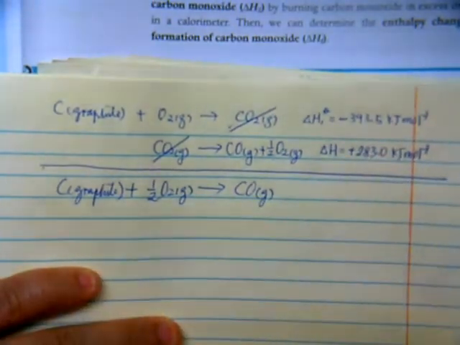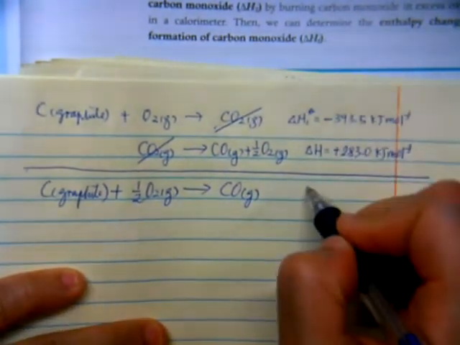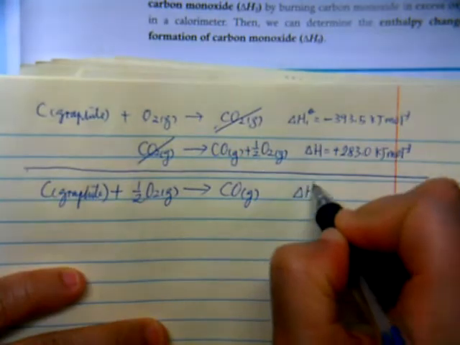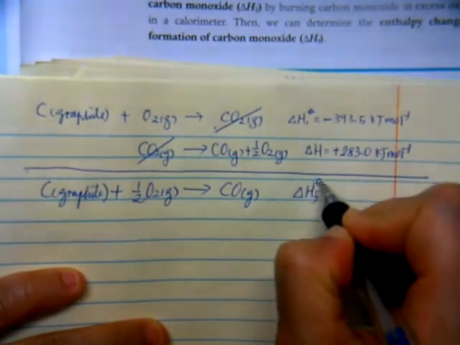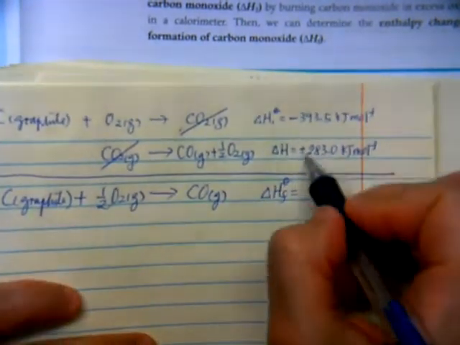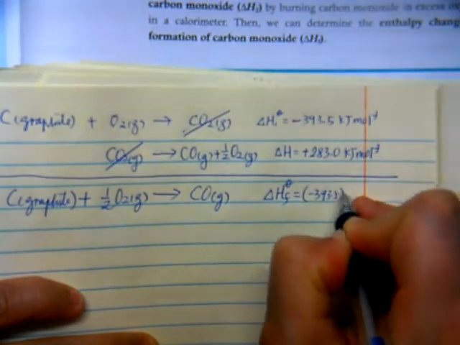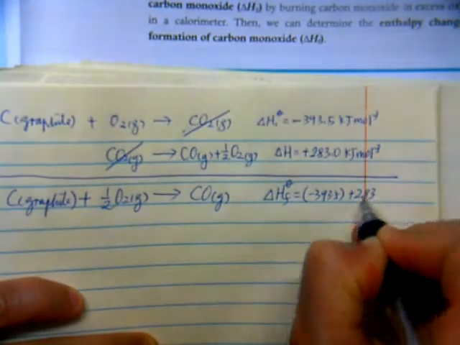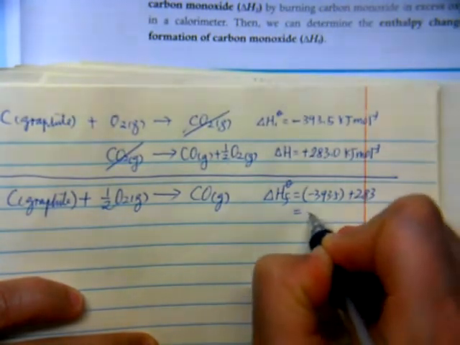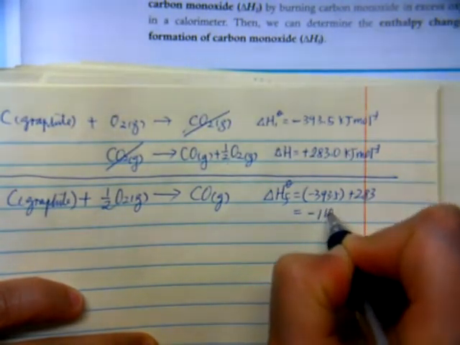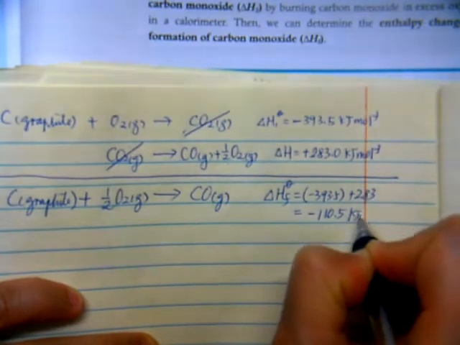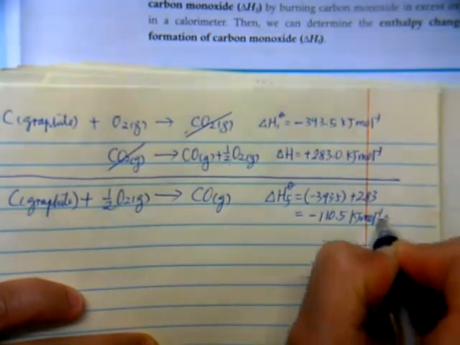That is our target reaction. Lastly, what you need to do is to do summation on these two terms, which is also equal to negative 110.5 kilojoule per mole. This is another way to solve the problem.